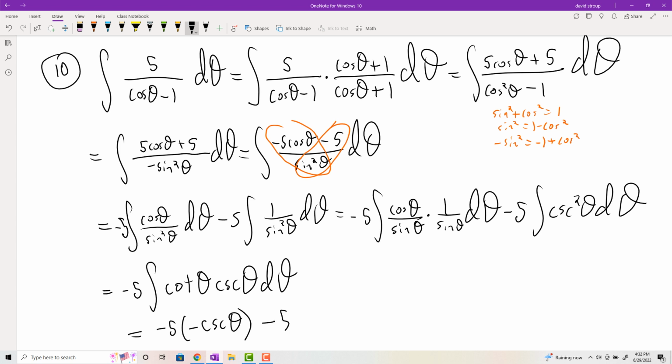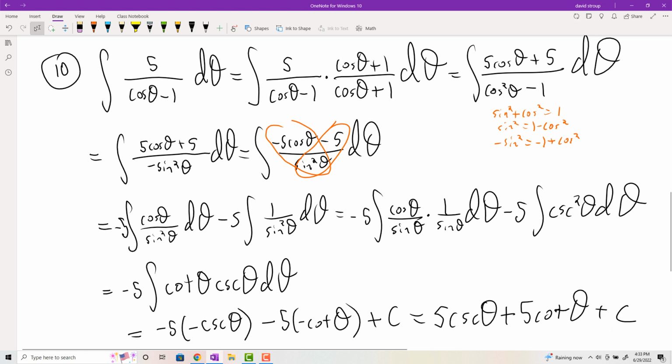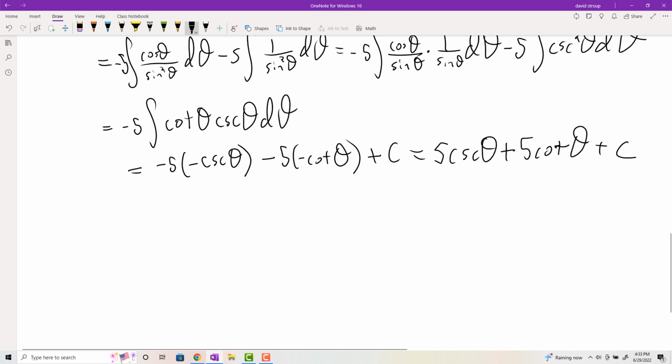Then it's minus 5 integral of cosecant squared, that's negative cotan, plus c. And then you just multiply them out, so 5 cosecant theta plus 5 cotan theta, and that should be the end, and then plus c.